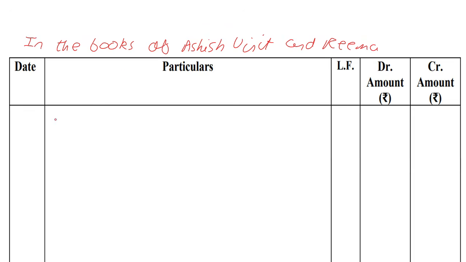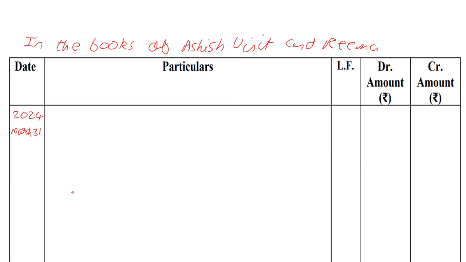The first journal entry we have. Keep in mind all the dates over here are going to be the 31st of March 2024. So once and for all, we can write 2024 March 31st. Going forward, don't bother repeating it. If you want to, you can, not necessary.